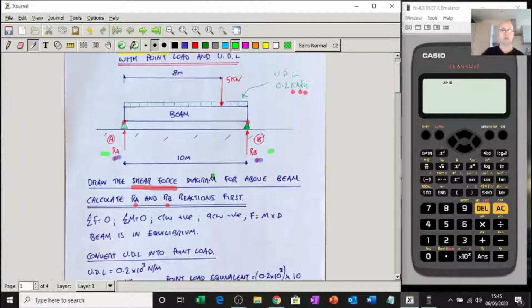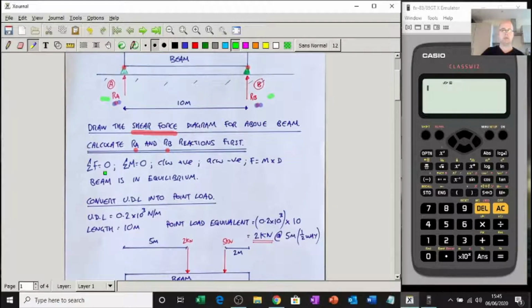Sum of the forces equals 0, sum of the moments equals 0, clockwise moments positive, anti-clockwise moments negative. A moment is a force times a distance.